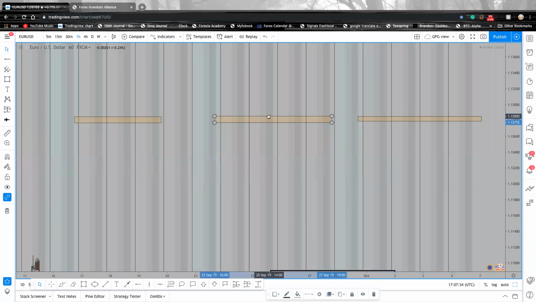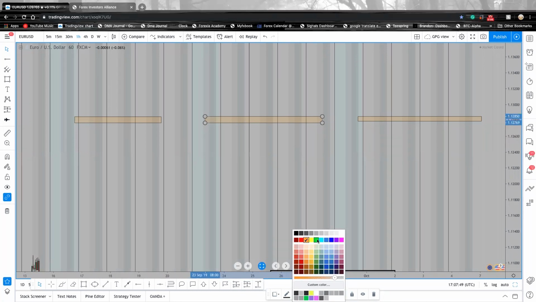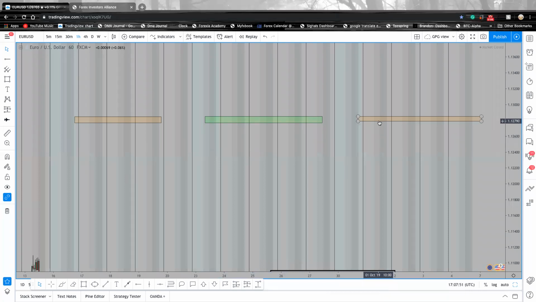But if you understand what exactly you're looking for, what these zones are, and how to relate these three to each other, you have what you need. So I'm going to explain exactly what I'm looking for when I'm drawing different zones, and why I do that.